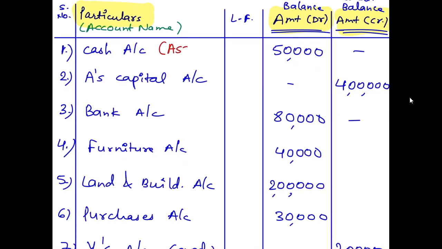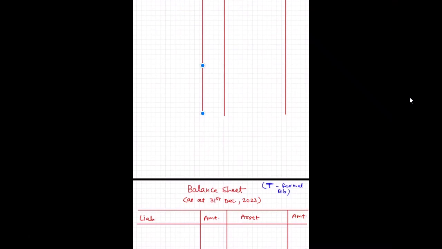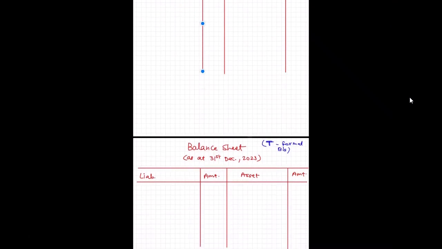Sir, cash is an asset. Okay, I can use this cash. This can be used for multiple purposes. So will this come in my trading and P&L account, or will it come into my balance sheet? The answer, it will come into my balance sheet where we write the assets.